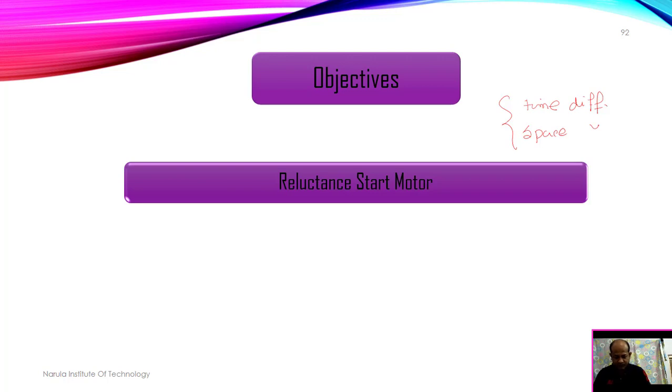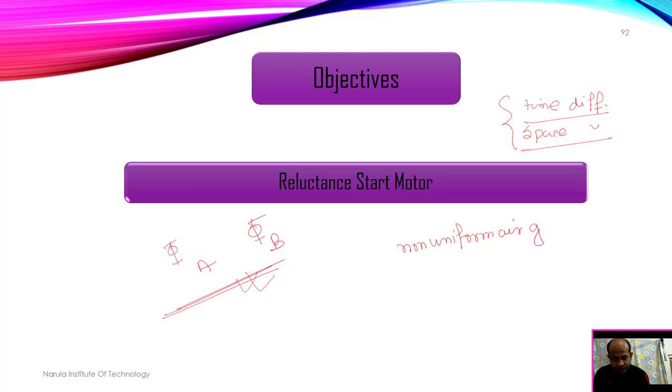Now in the case of the reluctance start motor, my sole aim is to produce, just similar to the shaded pole motors, two different fluxes, say phi A and phi B, and somehow we have to create a time difference and space difference between these two fluxes. In the reluctance start motor, this is achieved by creating a non-uniform air gap.